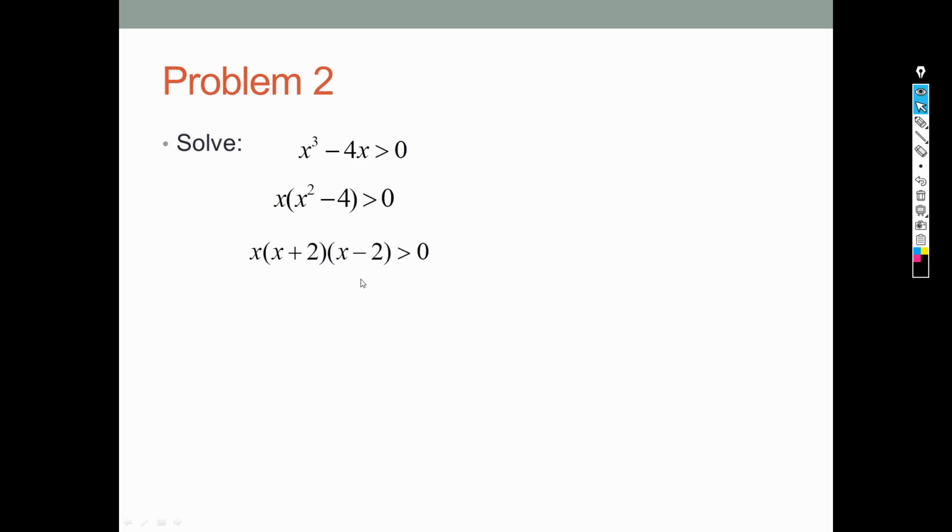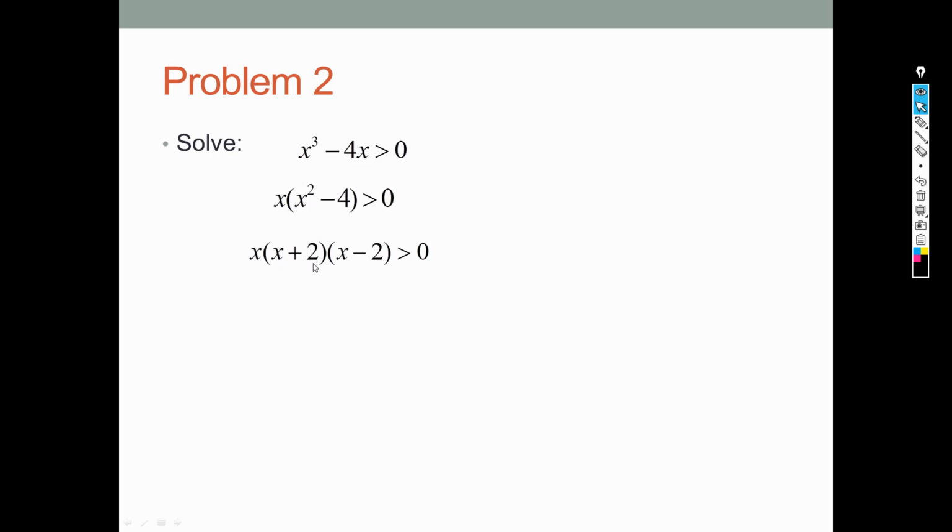Okay, so once the left side is factored out and the right side is 0, then all you want to do is find what we sometimes call critical values, and those are the numbers that produce a 0 for the left side. If you have factors, you simply look for the number that makes each particular factor 0. So notice for x, the only way that's going to be 0 is if x is 0.